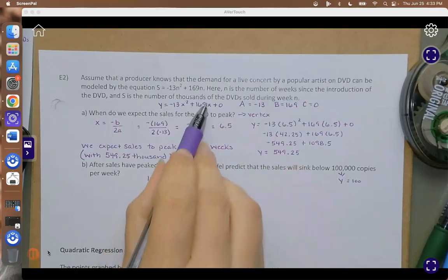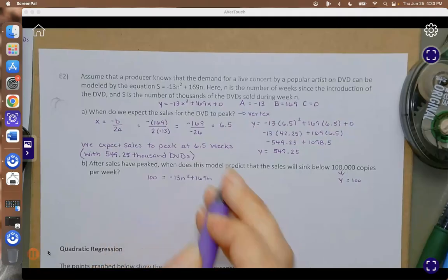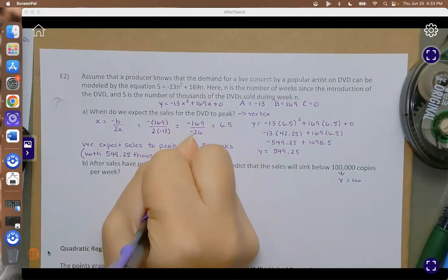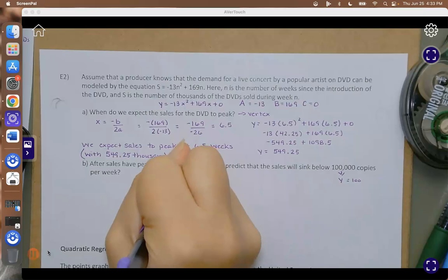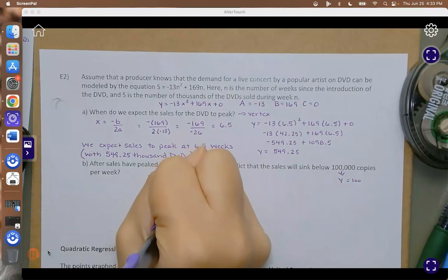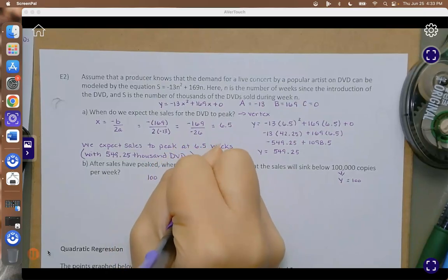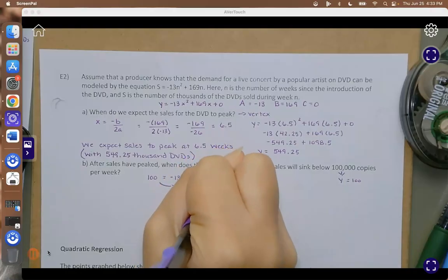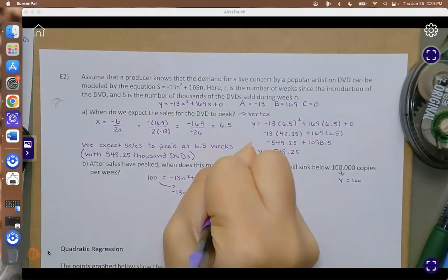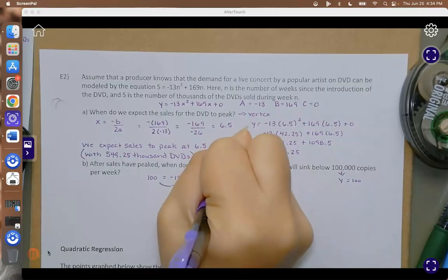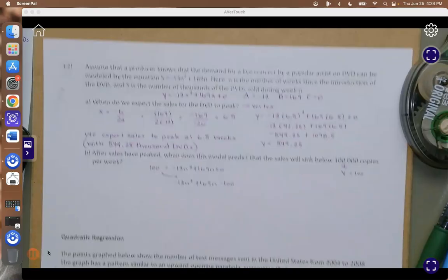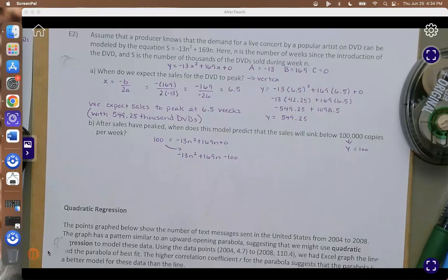Now, we can bring this over and solve it using quadratic formula. So we have negative 13n squared plus 169n minus 100. And if you wanted to put the plus 0 there to begin with, you can. Okay, but when you move it over, it's going to be the minus 100.